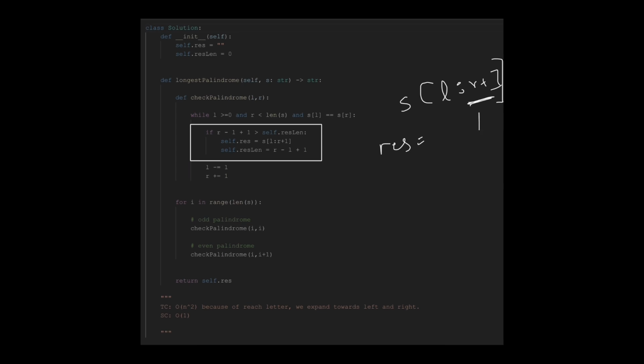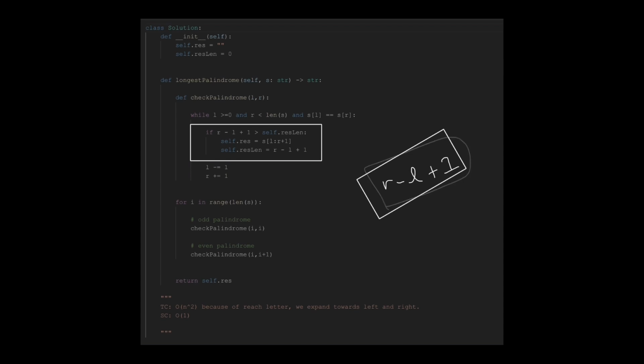And we are storing the result length because we're slicing the result. We can also just store the result itself, but basically we're comparing if our window length, which is r minus L plus 1, is greater than the result length. Only then we update the result.